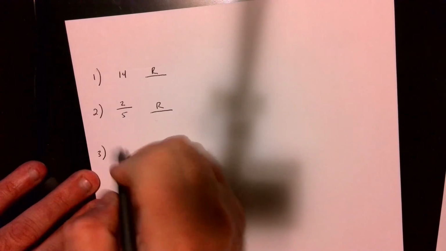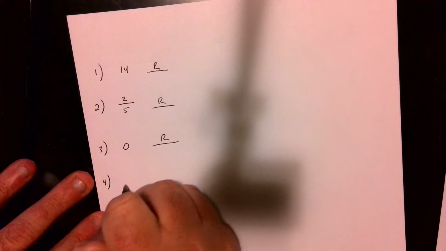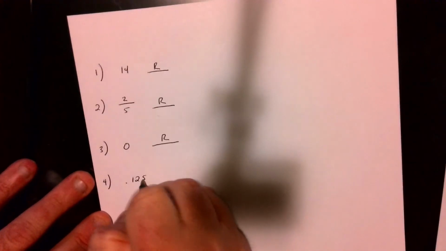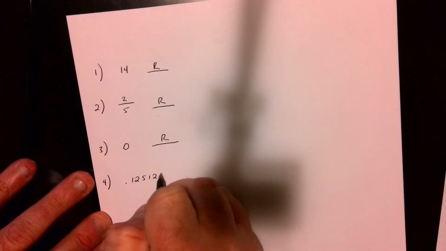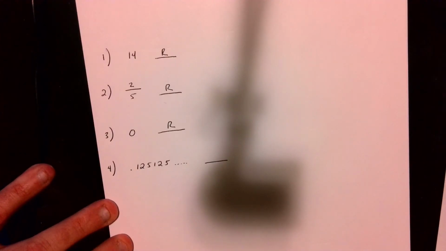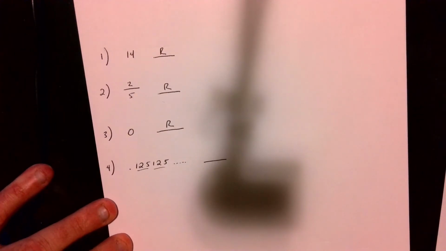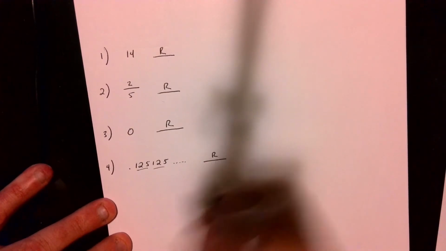Then they'll give you numbers like 0.5. Oh, well, it's a number that stops, therefore it must be rational. Then they'll give you ones like 0.125, 125, dot dot dot. Oh, it's got a pattern, it repeats. So therefore it must be rational.